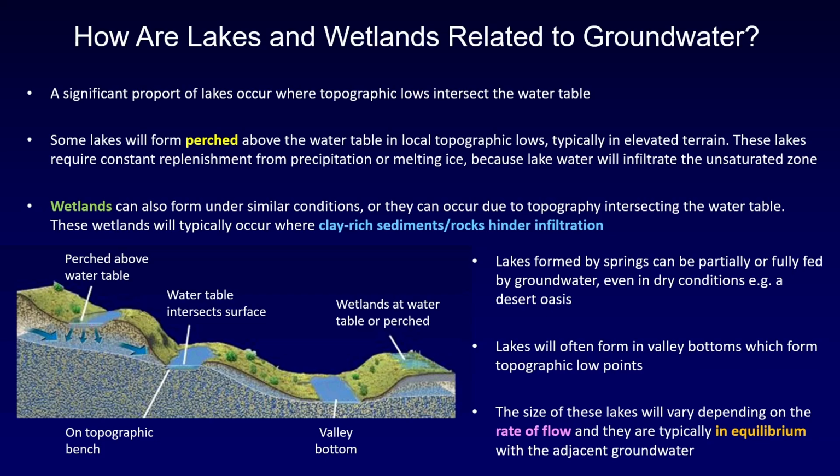So typically, you have a combination of water coming in from groundwater, water coming in from rivers, and of course you're then losing water through evaporation. You're losing some water because it will leave the lake and infiltrate the surrounding soil and rocks, and so you will eventually reach a point of equilibrium.